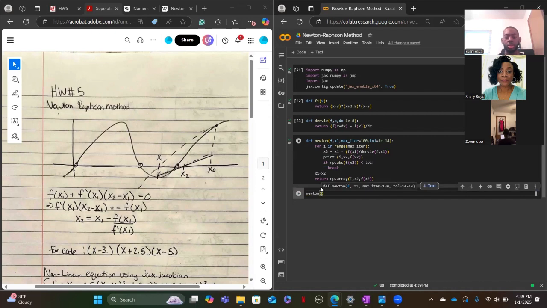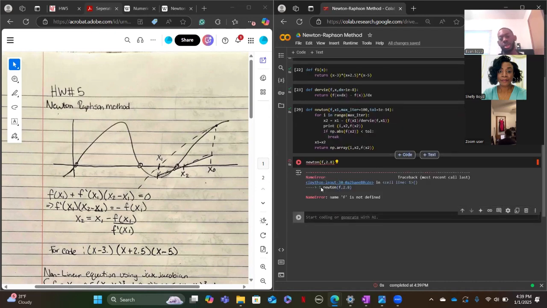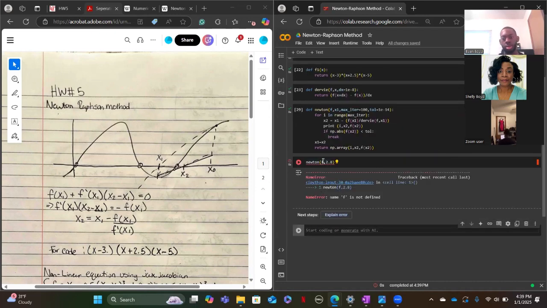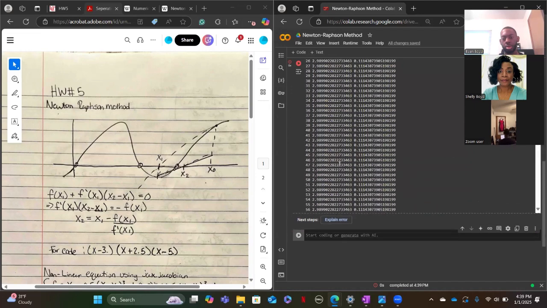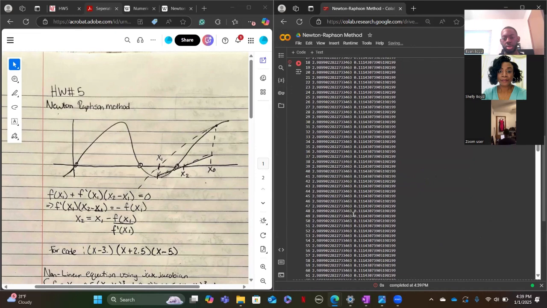So if we do the new method, the Newton's function, and we go for f, and then we do 2.8 as our first guess, we will get: f is not defined. Well, it goes to all 100 times.